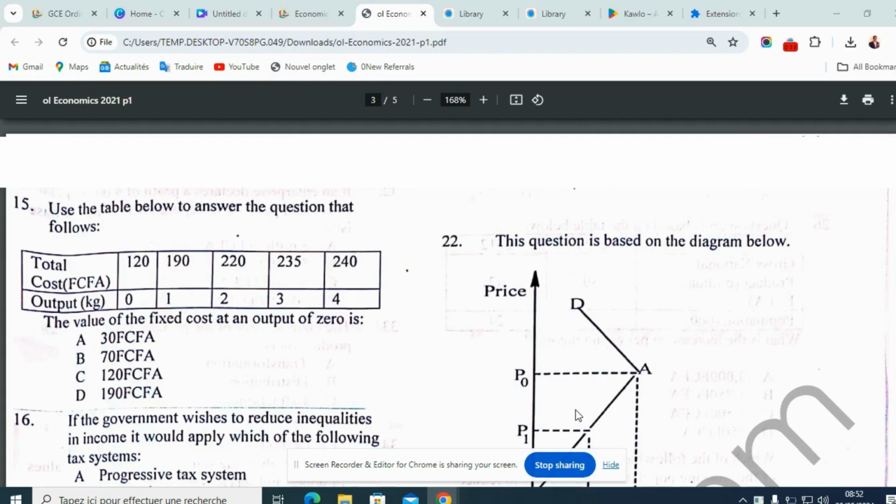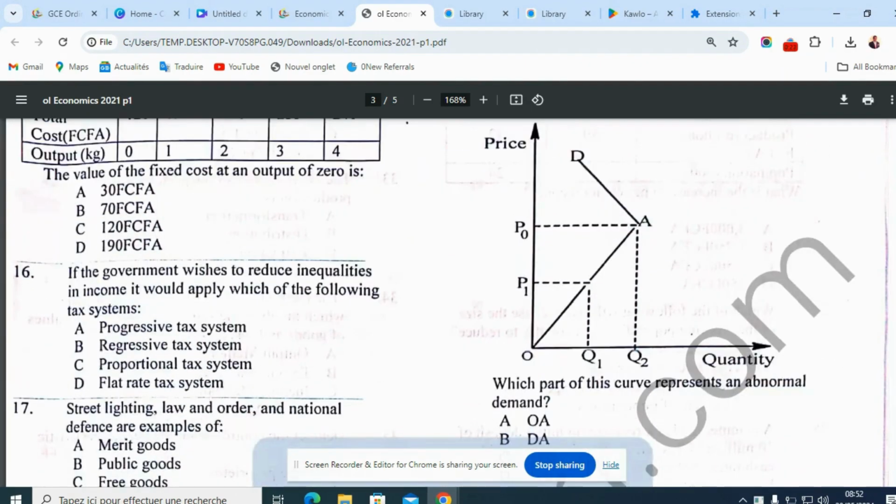The value of the fixed cost at an output of 0 is, so he said we should calculate the fixed cost when the output is 0. So here the correct answer is C, which is 70 francs.